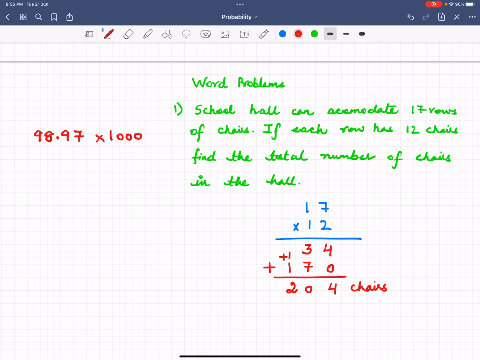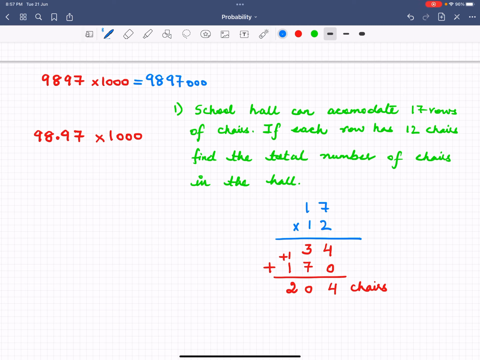Now in the earlier case, what did we do? If I had a number like 9897 and if I had to multiply it by 1000, as we discussed earlier, we could straight up add the 3 zeros. That's the answer to the question.